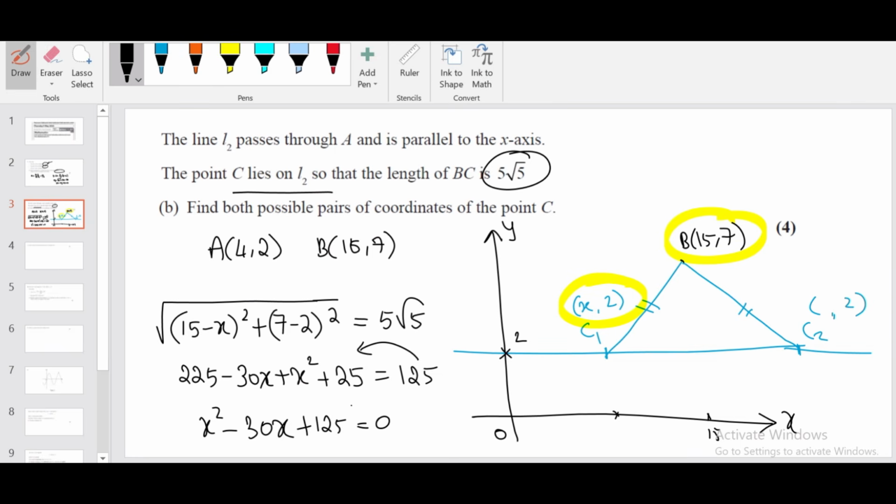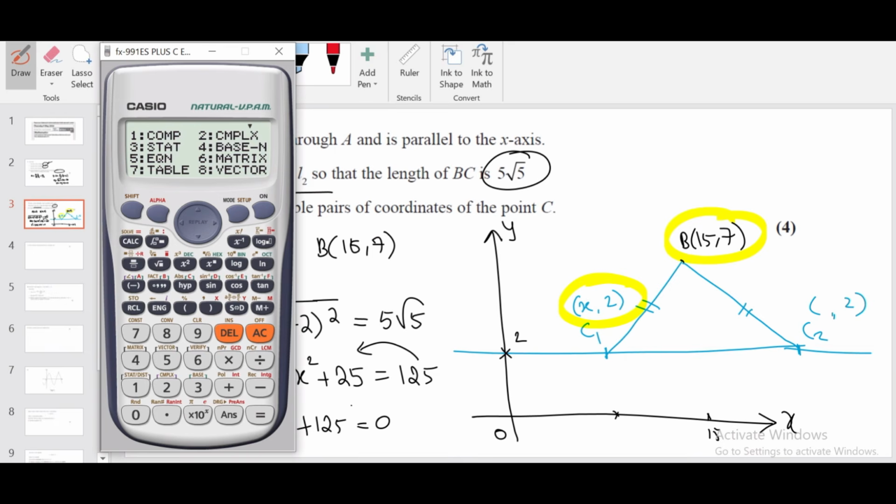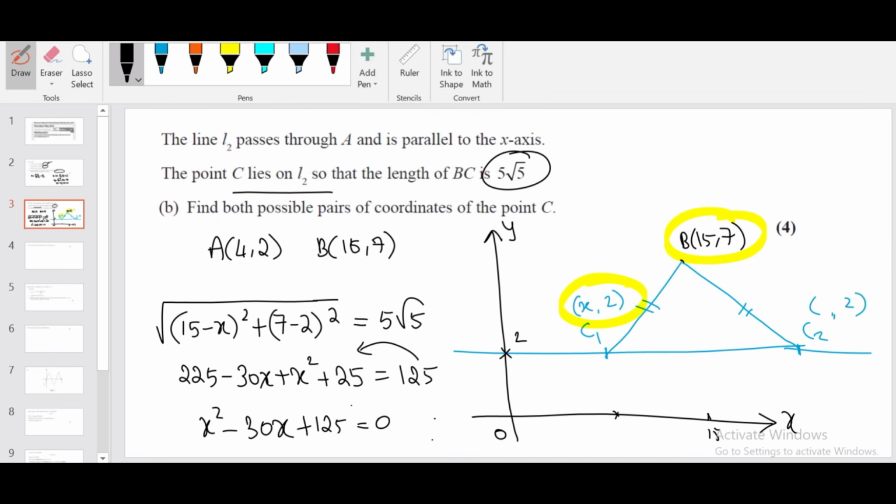Now solve this equation. The coefficient of x square is 1, the coefficient of x is negative 30, and the constant is 125. 25 and 5. So you get x is equal to 25 and x is equal to 5.